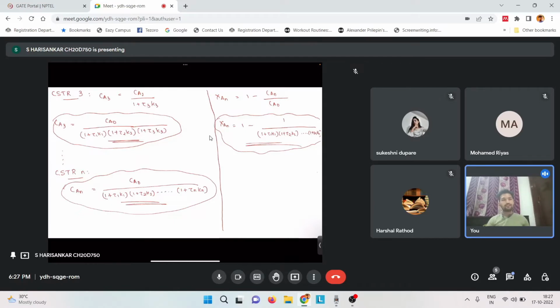Now, let's take a special case. What if all the space times are the same, and also all the reactions happen at the same temperature?